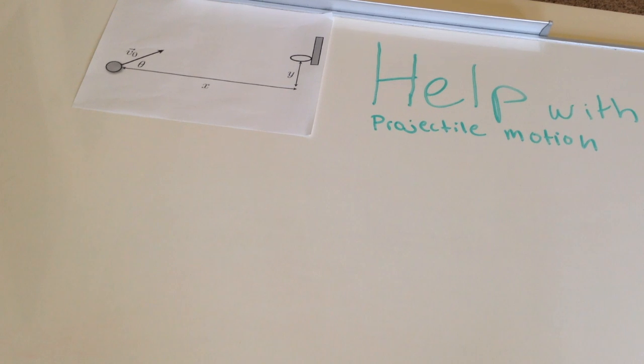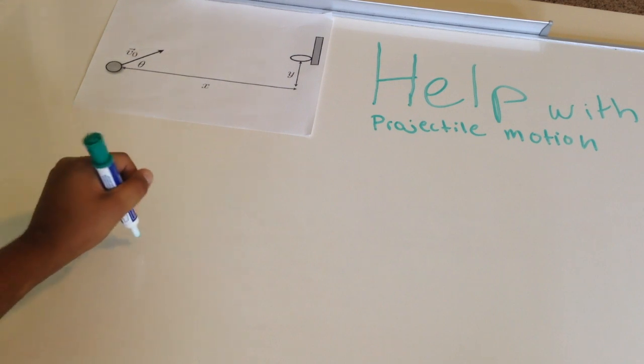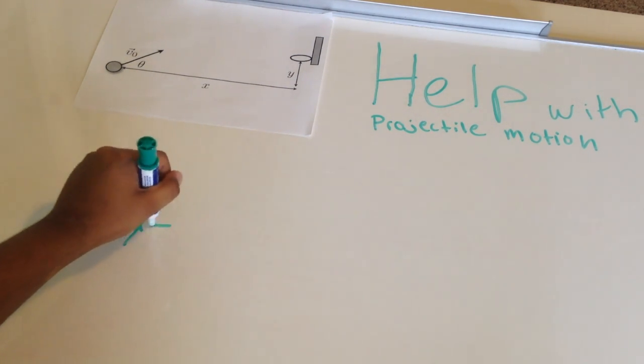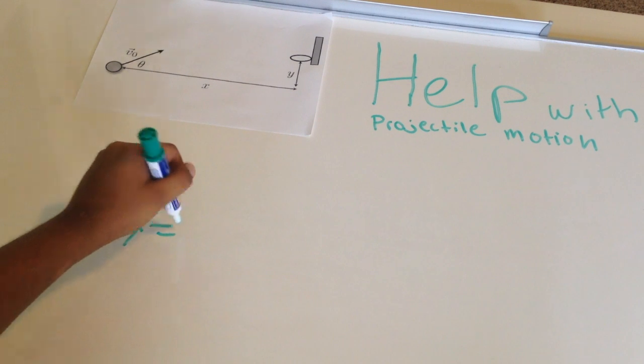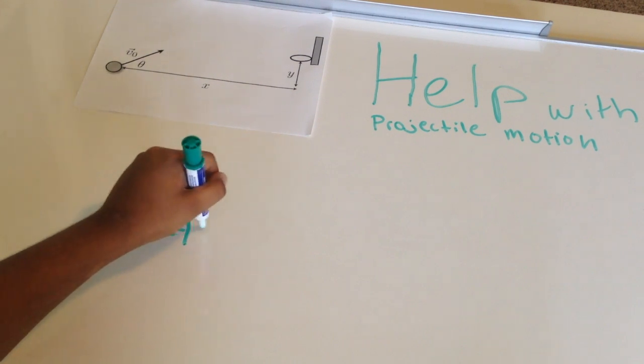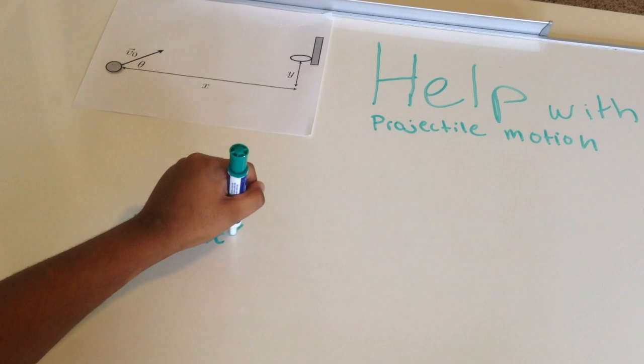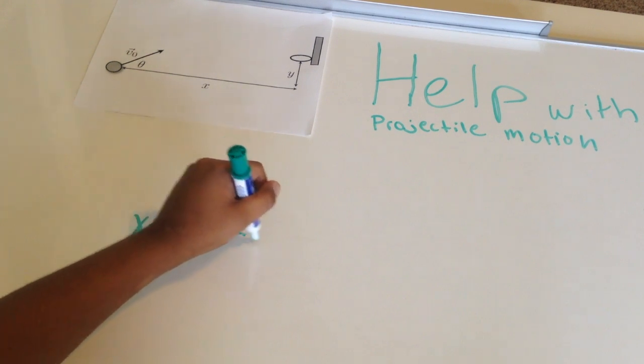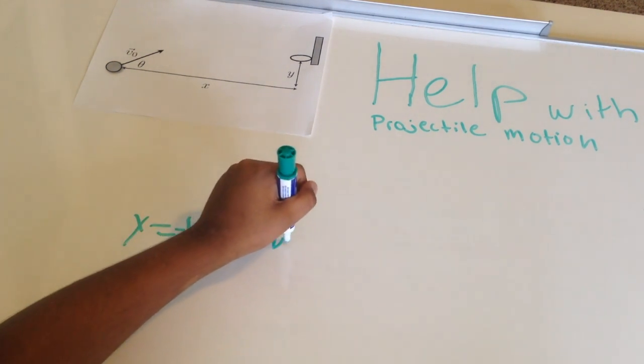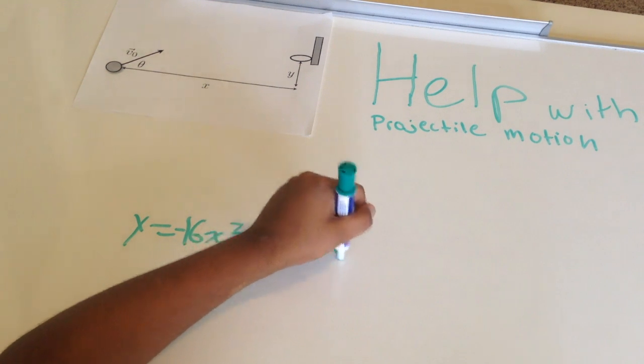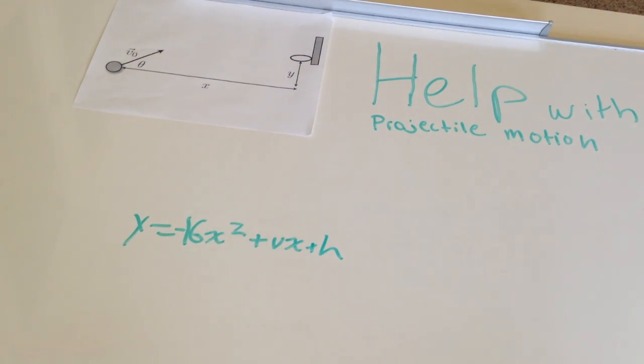To understand the formula for projectile motion, y equals -16x squared plus vx plus h. You must first know what each variable represents.